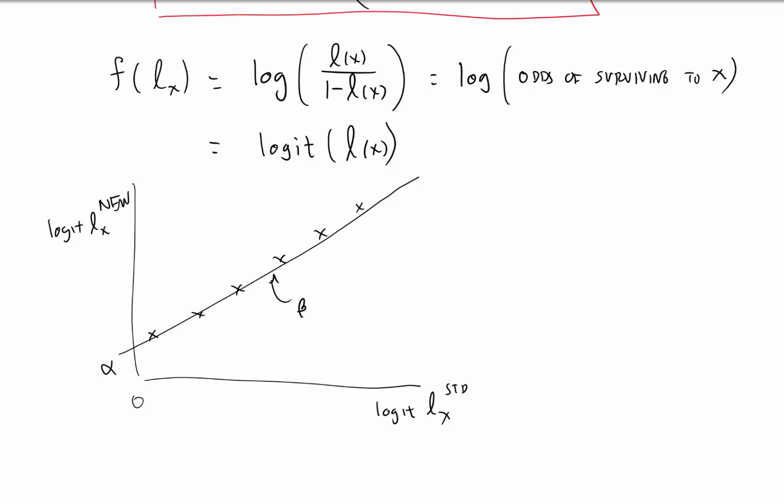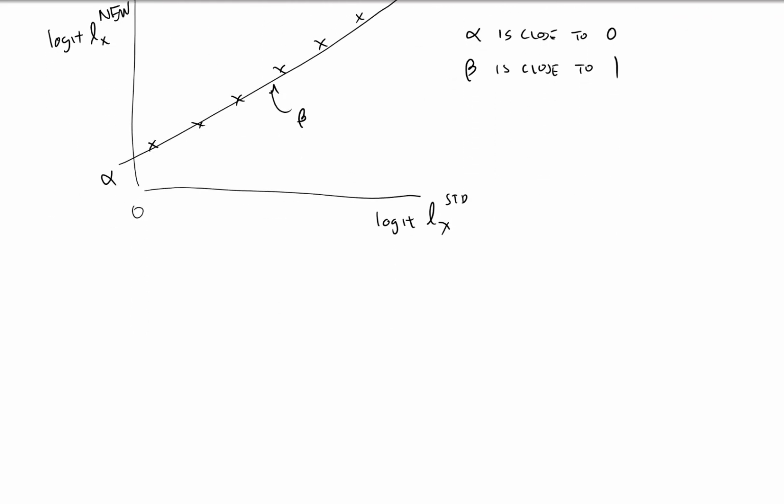So it turns out that in most cases, alpha is close to 0 and beta is close to 1. I guess I should show you what happens. So suppose this was our original standard lx.